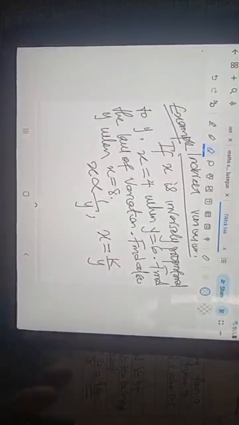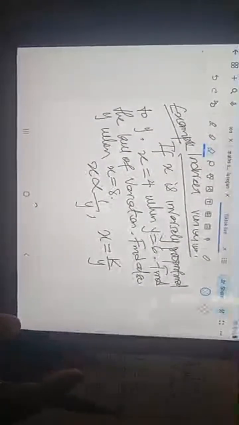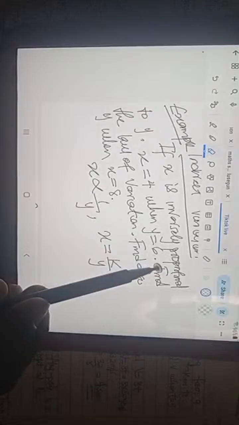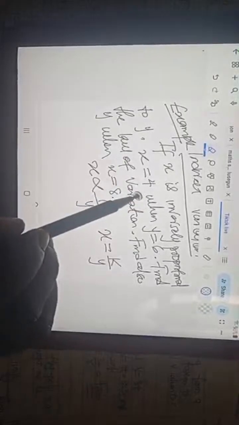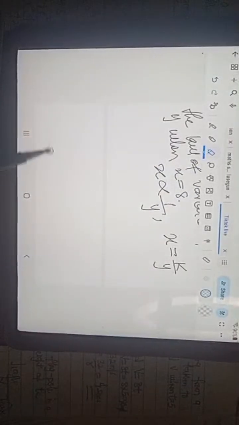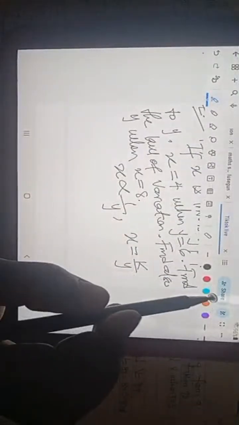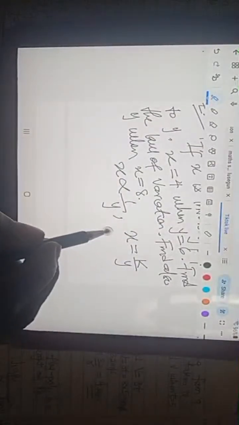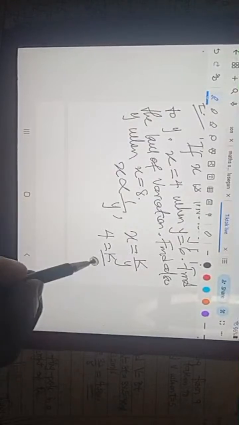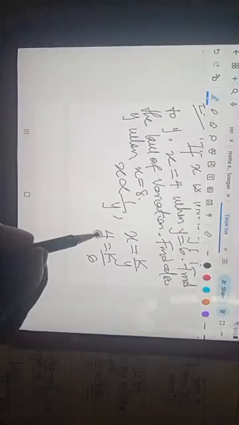But before we can now find the law, what we want to do is, if x is inversely proportional to y, x is equal to 4 and y is equal to 6. Let's substitute. We use x is equal to k over y. So x is equal to 4. We have 4 is equal to k over y, where y is equal to 6. Remember, this is over 1.